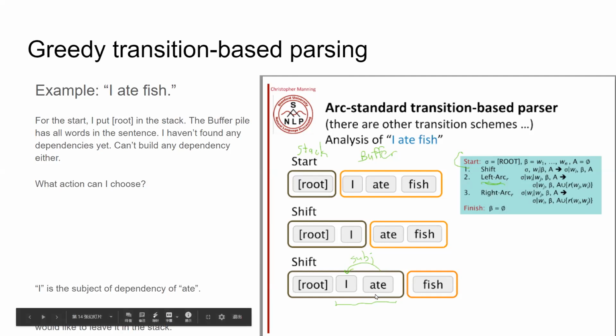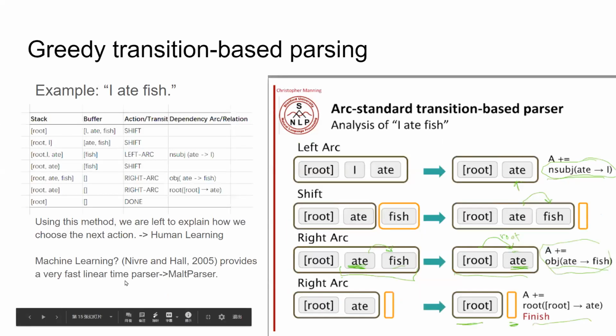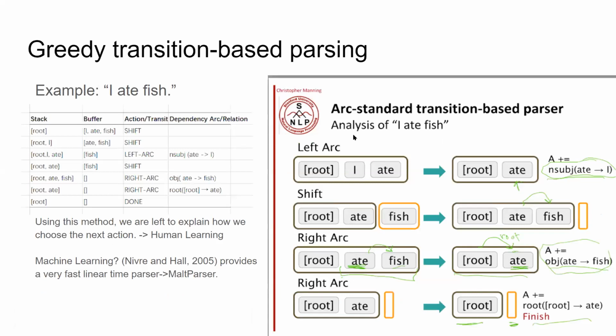So we can add the dependency arc to the set A, and after doing this, we can do a left arc here from ate to I, because the second top word I is the dependent, and we would like to remove the second top word and leave the top word on the stack.